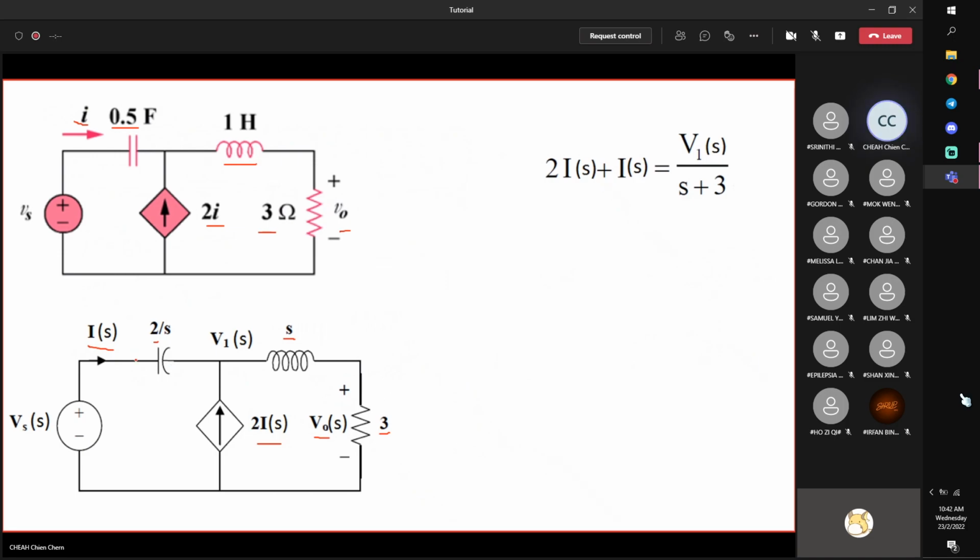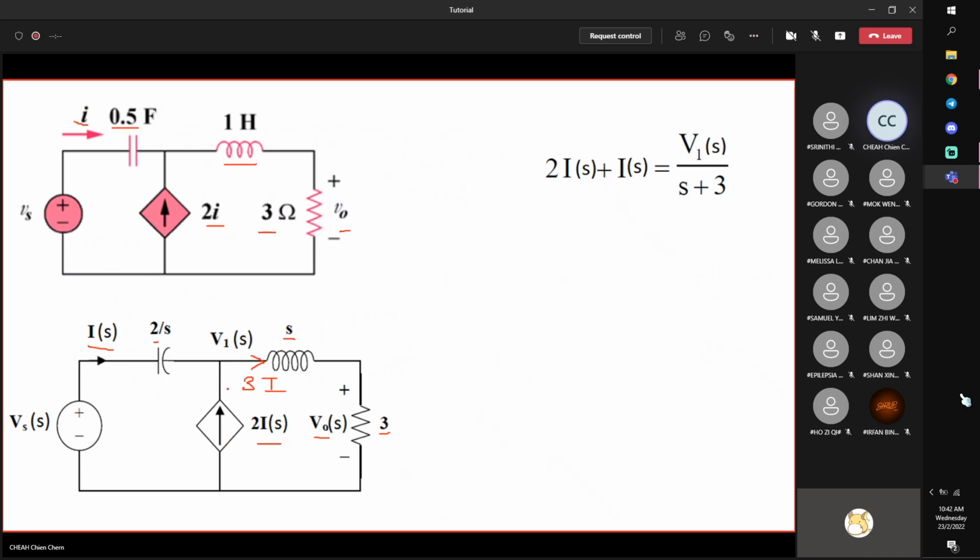Actually, it's quite similar to the previous questions that we have solved. This inflow, Is, 2Is, inflow equal to outflow, so this is 3Is. I plus 2I gives you 3I. So this is the left hand side.